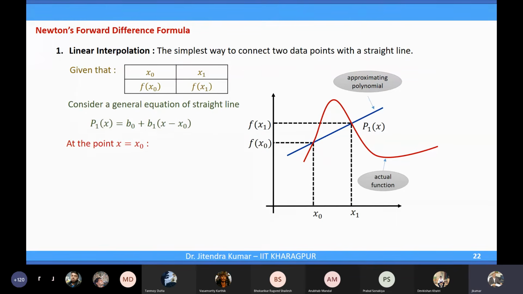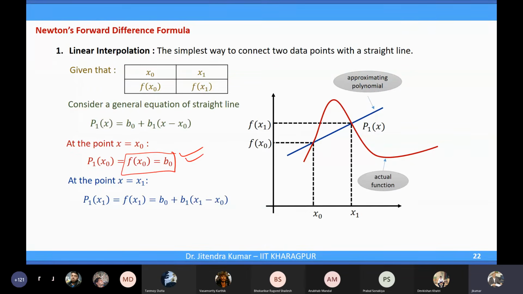The reason is clear from here: at the point x equal to x0, the line should pass through that point. So when x is x0, the second term will be 0, and you will get b0 directly. What is b0? b0 is f(x0). The computation is very easy. Second, at the point x1, you substitute there.